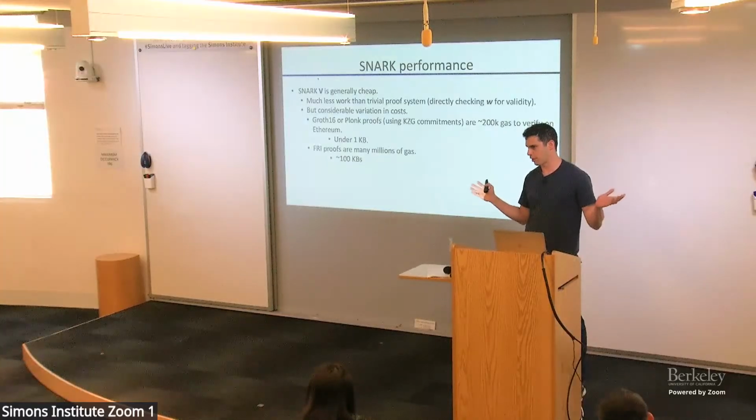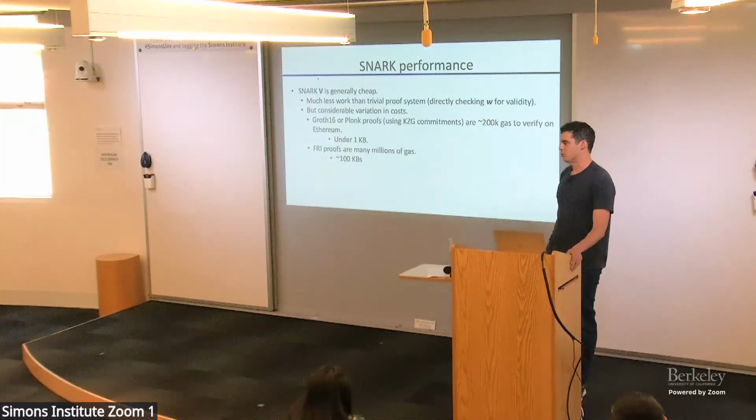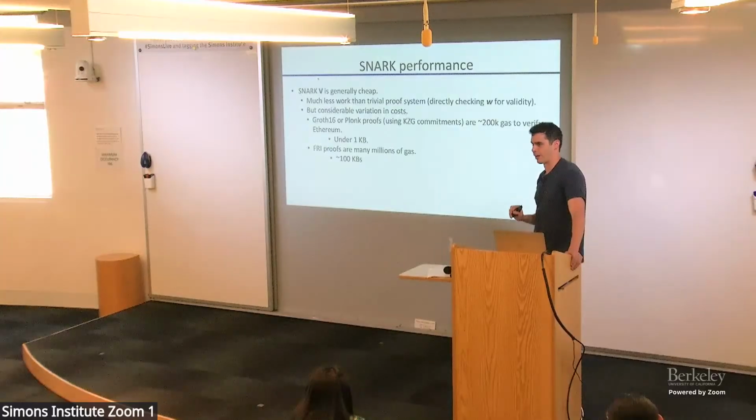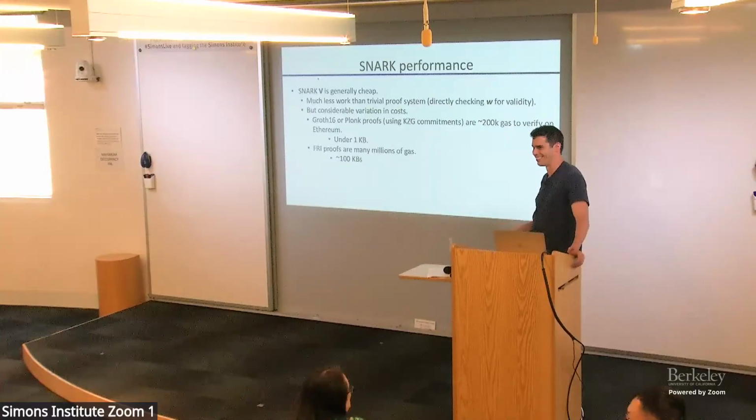So you are saving work. That's just pure verifier cost. Now, of course, the prover is doing a lot more work than native execution here. The costs of running the proof system are not just checking the proof, it's also getting the proof out of the prover. And if you take that into account, there are more questions.